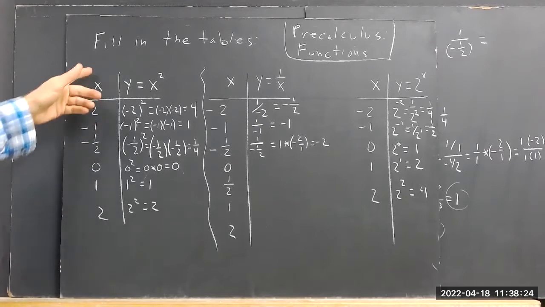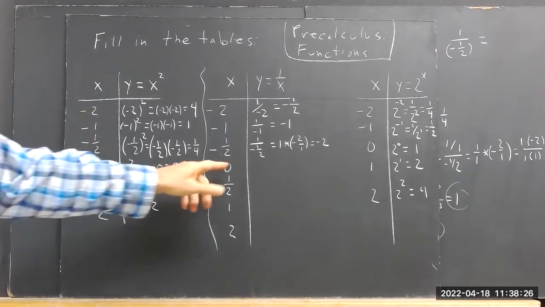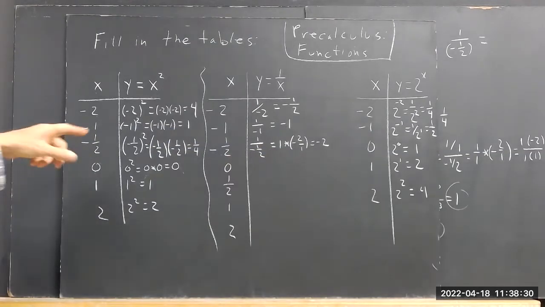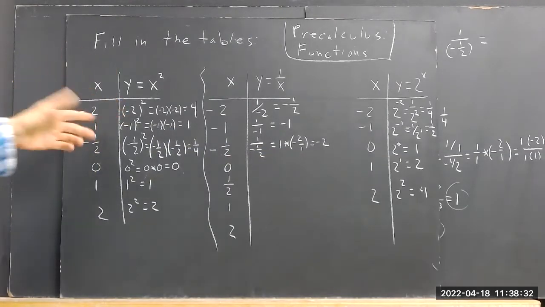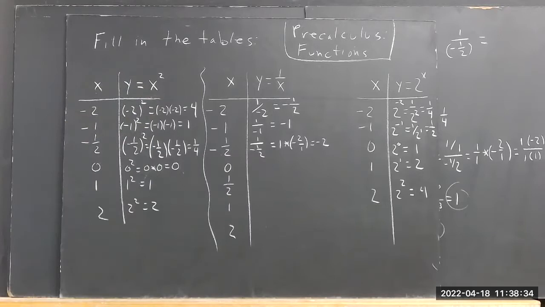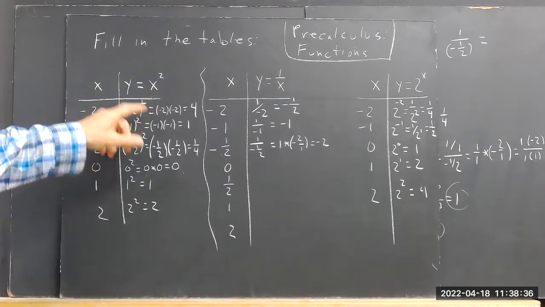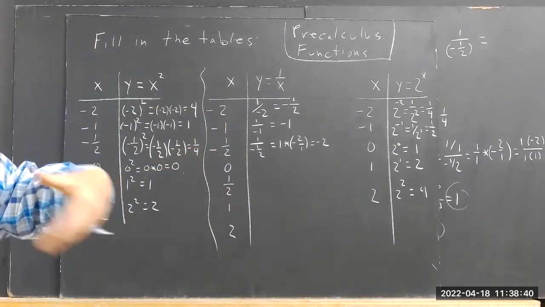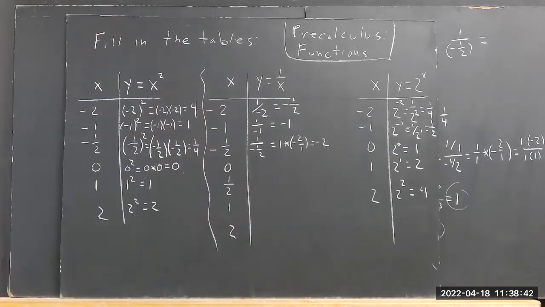This one's pretty straightforward. These two are the ones that throw you curves. Over here, all you have to do is be careful and know what it means to square a number. So -2 squared is -2 times -2, and that gives you 4, because two negatives multiplied together give you a positive.